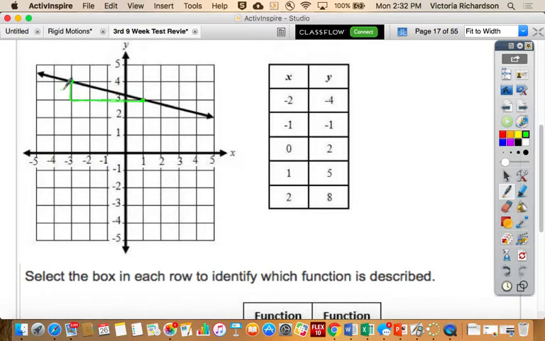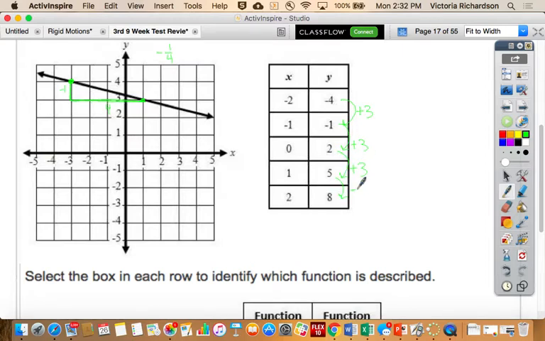So this is -1, and this is 1, 2, 3, 4. So my rate of change for this is -1/4. To find the rate of change here, from -4 to -1 is +3. From -1 to 2 is +3. From 2 to 5 is +3.